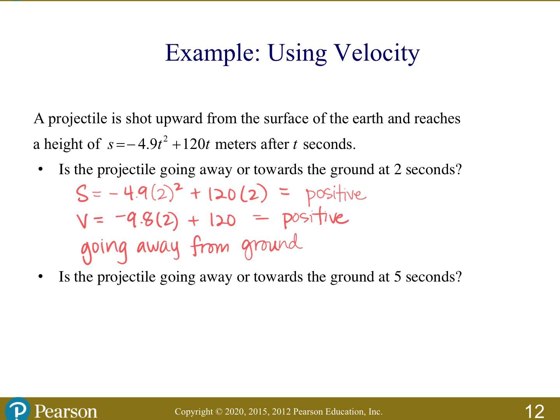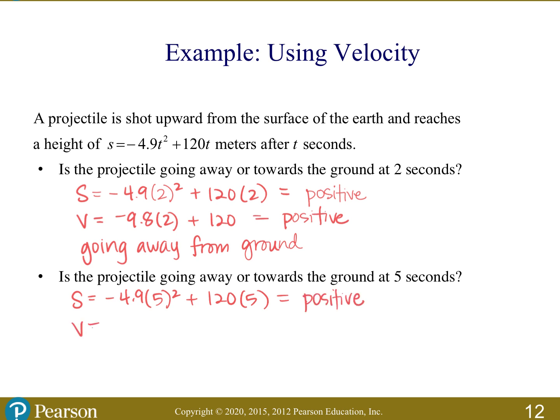And then at 5 seconds, we would check again. The position is negative 4.9 times 5 squared plus 120 times 5. Well, 120 times 5 is 600, and negative 4.9 times 25 is not really enough, so this is still going to be a positive position.